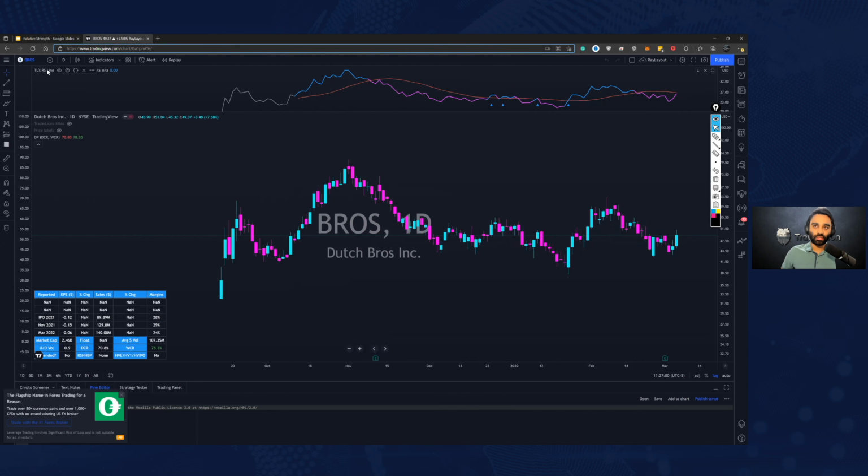You can add the TLRS line, which is on TradingView, if you do use TradingView, and play around with that. Looks like we have to upgrade our account, but with that, I'll be happy to take any questions you have specific to relative strength.